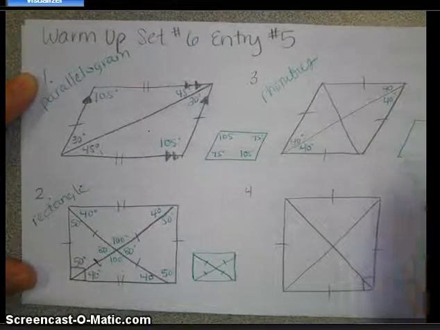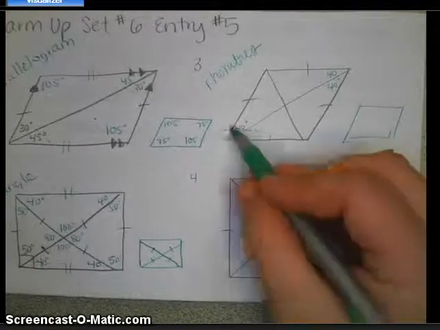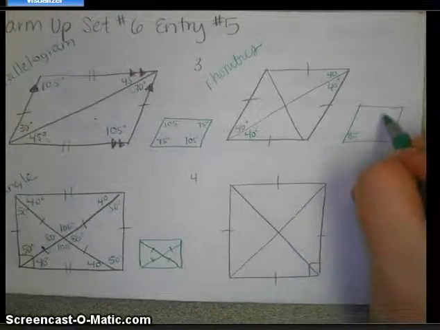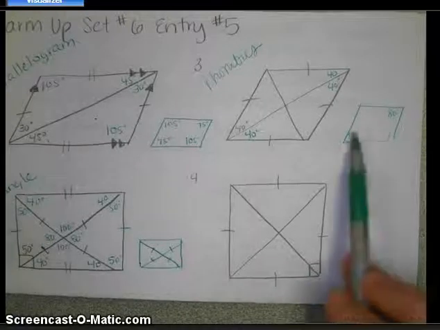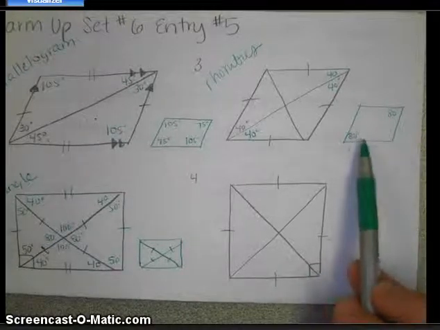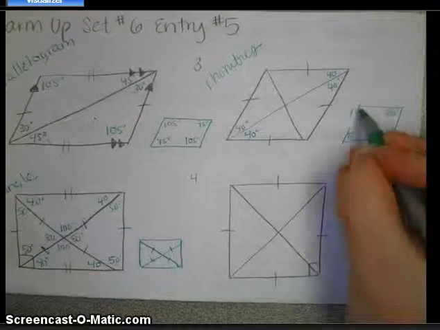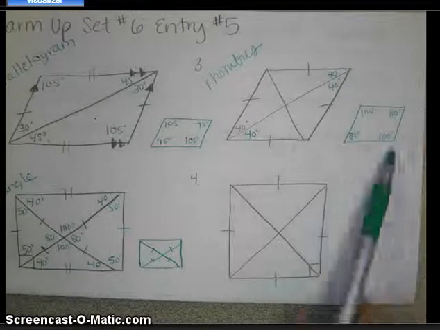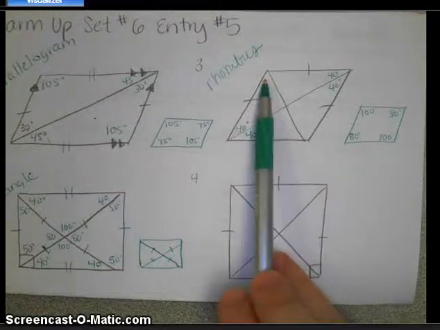If I draw my mini rhombus for a second, I have 80 degrees in each of these corners. I know that opposite angles are congruent and that consecutive angles have to add up to 180. So if this is 80, that means these angles are 100. If I take it back to the picture, I know that the diagonal is bisecting these angles.